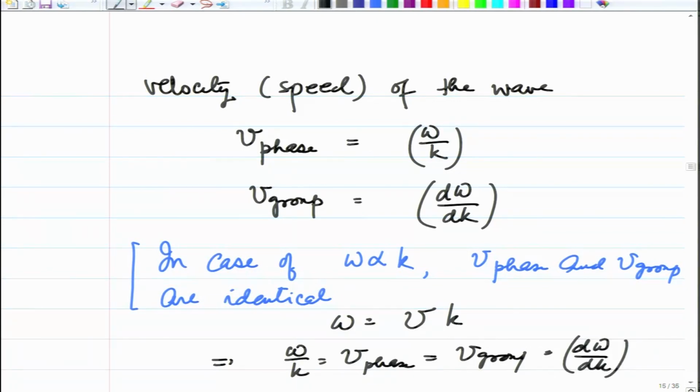So, phase velocity and group velocity are the same for each frequency, whereas if the frequency has a dispersion other than linear, then they change. The velocity being the same for each frequency means you can hear the same sound no matter what distance you are standing at. It does not come with a delay for different sounds, that is what it means. Now, what does it mean for our case?